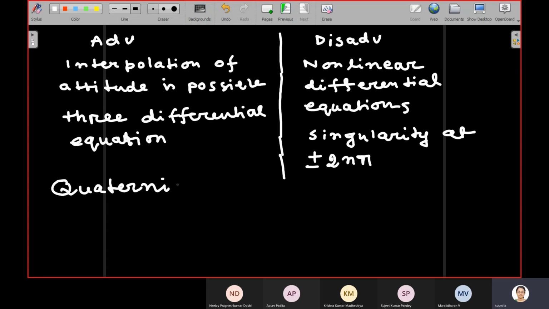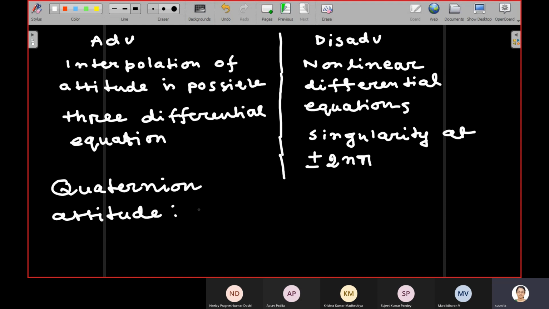Next one is quaternion attitude. Quaternions actually use the axis of rotation and magnitude of rotation just like the rotation vector, but represent them in a different way.